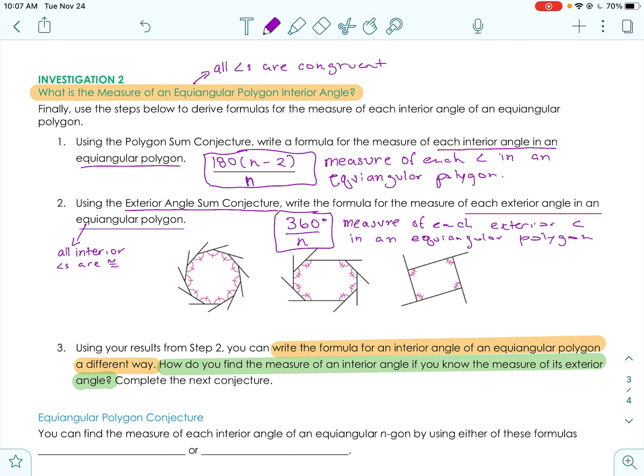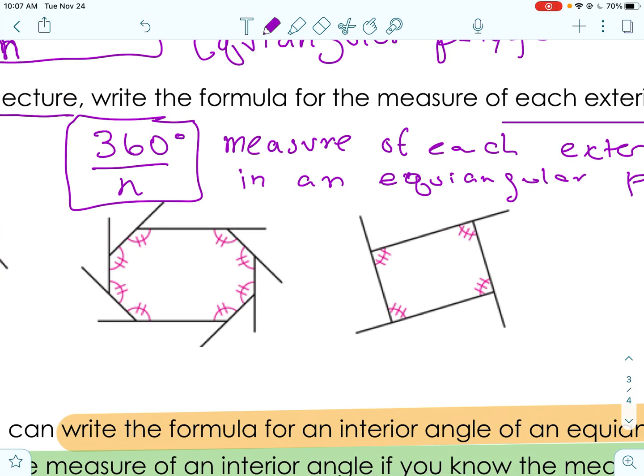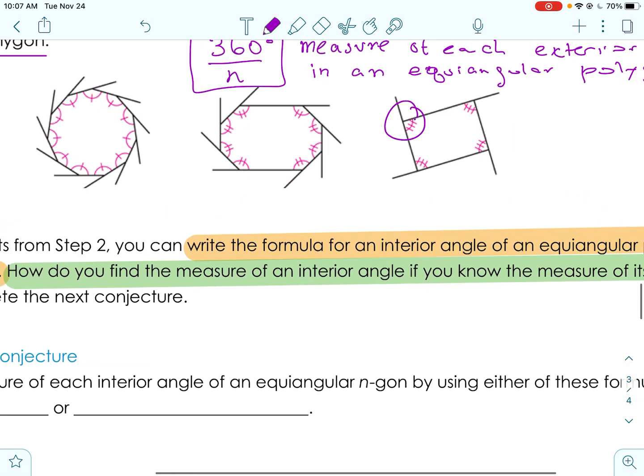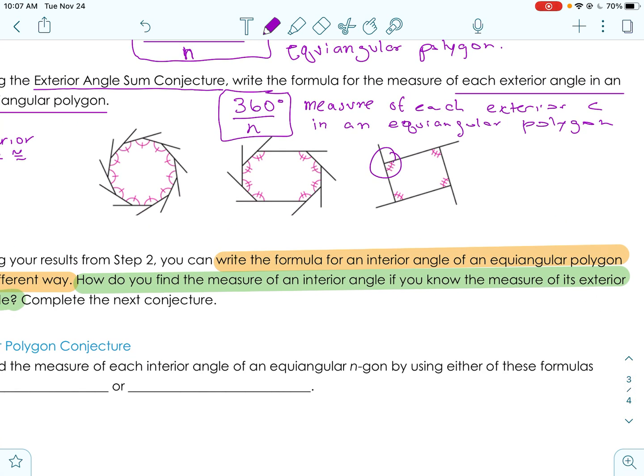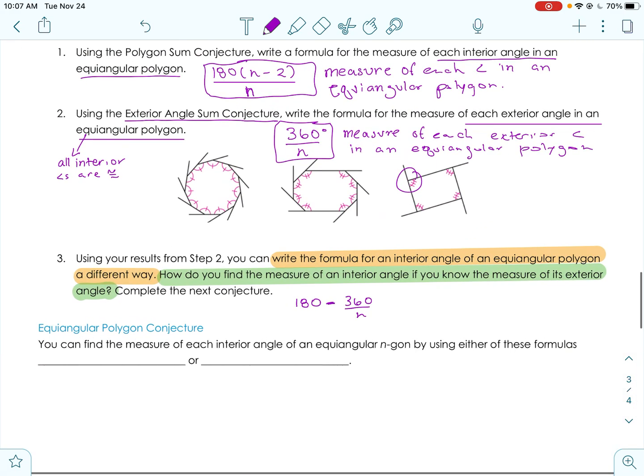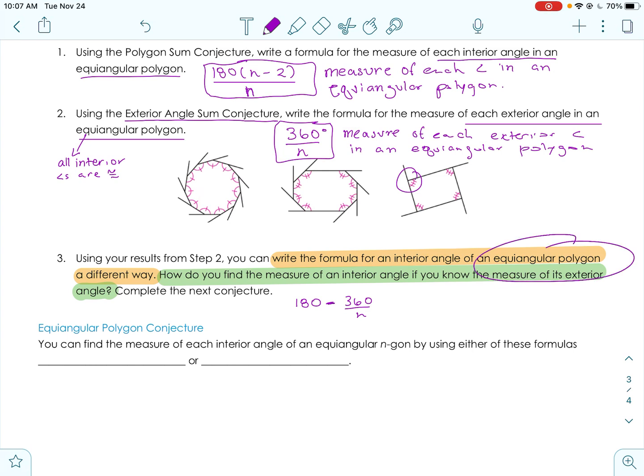If we know that this interior angle and this exterior angle are a linear pair, then we could find that from 180 minus the measure of each exterior angle, which would be 360 divided by n. So there are two ways that you could find the measure of each interior angle in an equiangular polygon.